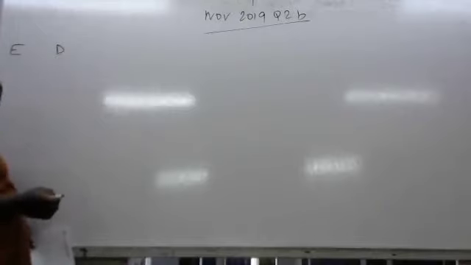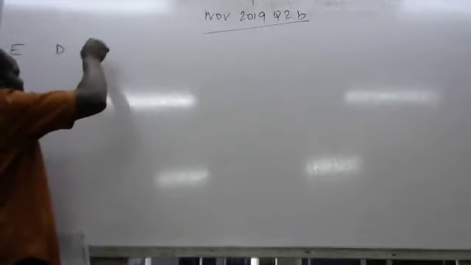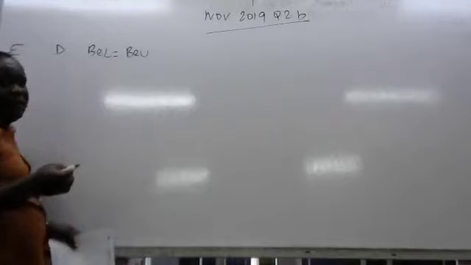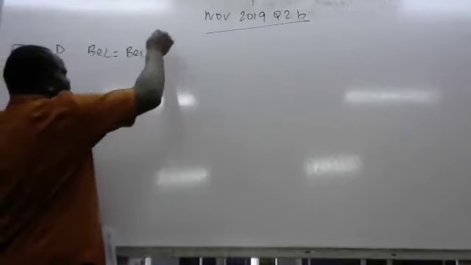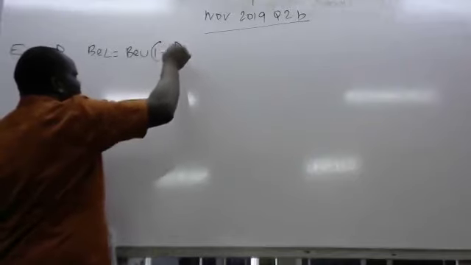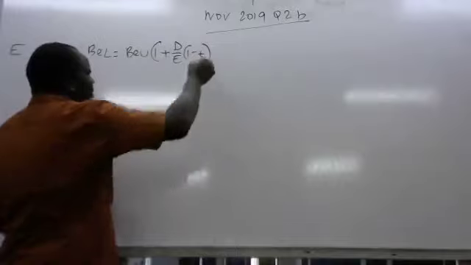Once we have done that, we now apply the Hamada model to compute the beta factor of equity for the levered firm. I gave you the formula. It is given by the beta factor of equity for the unlevered firm, times 1 plus D over E, times 1 minus the tax rate.